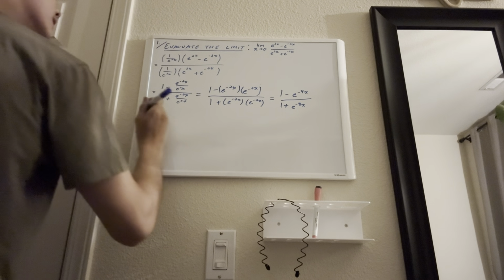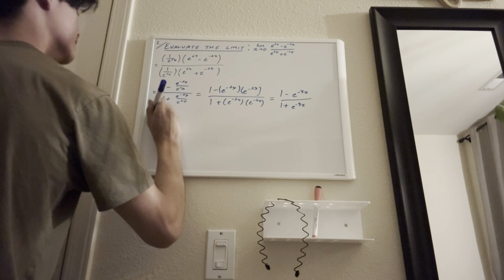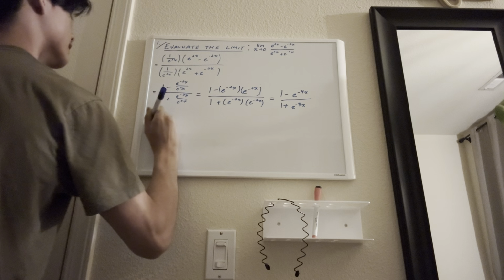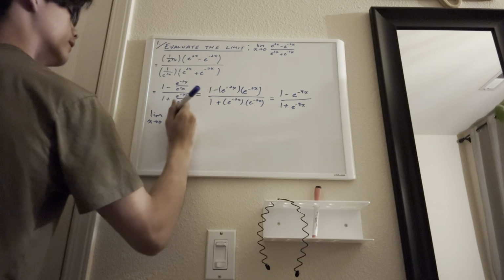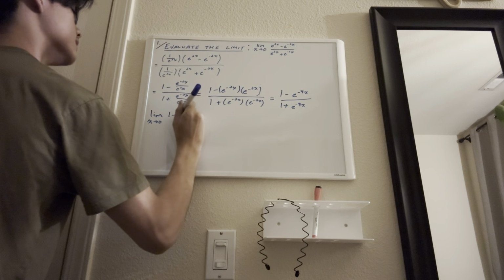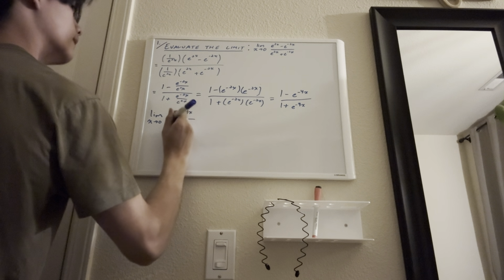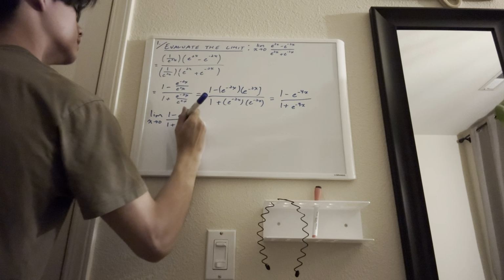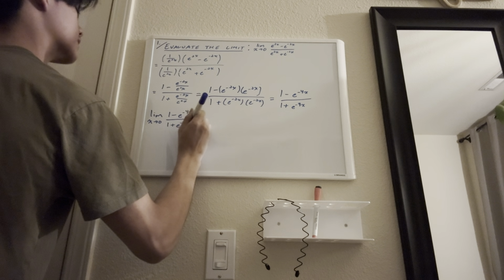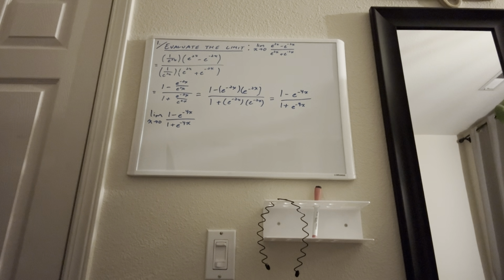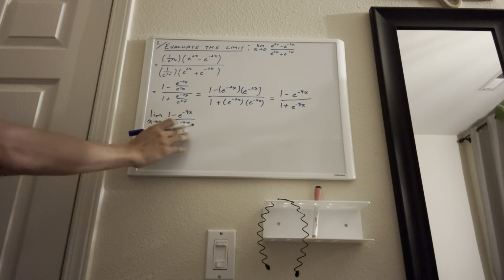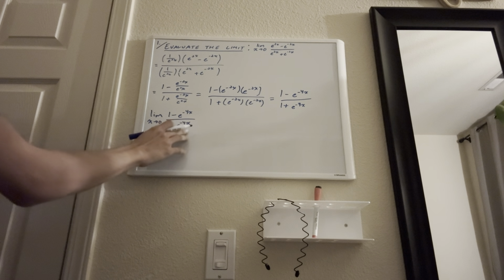Now, let's remember that we are taking the limit of this. So this equation is actually the limit as x approaches 0 of 1 minus e to the negative 4x over 1 plus e to the negative 4x. And let's just lock in on this e to the negative 4x right here.